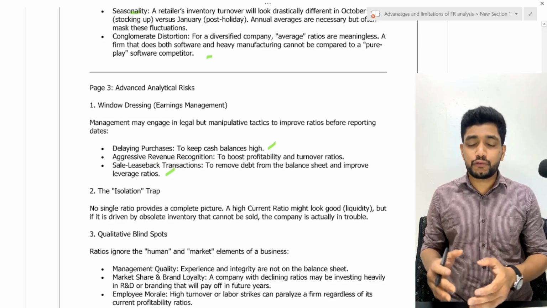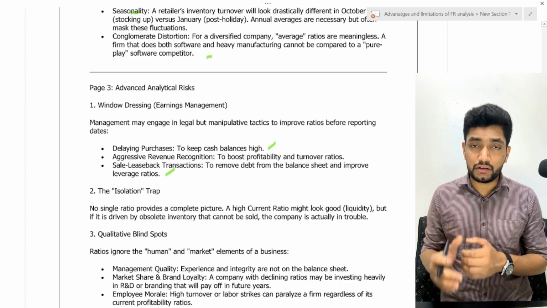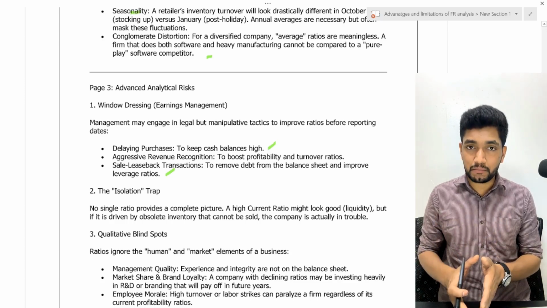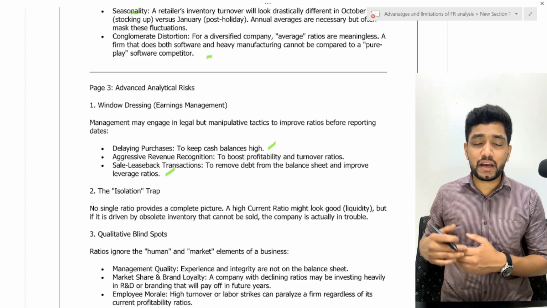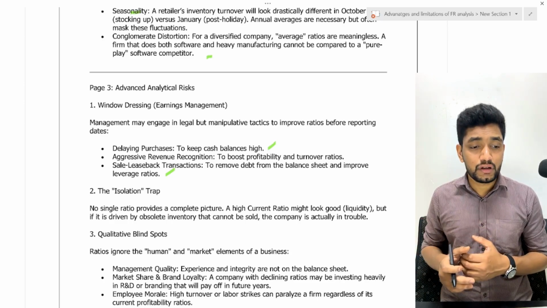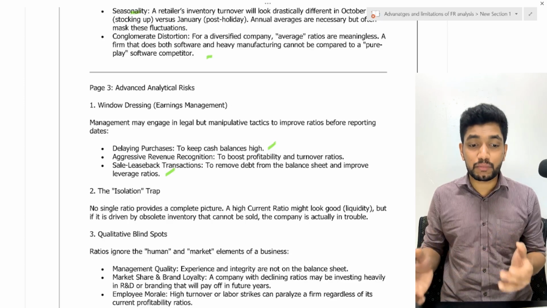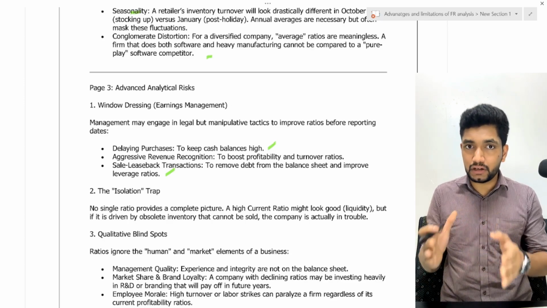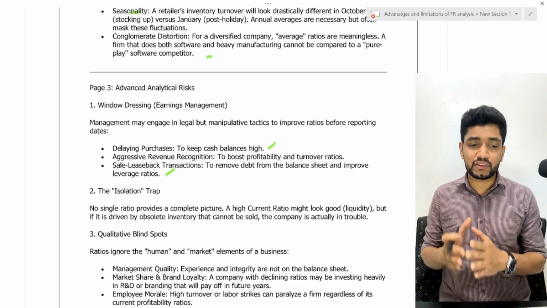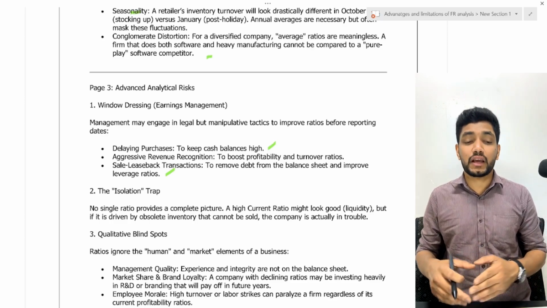Like if a revenue center's performance is measured by revenue, the management may try aggressive revenue generation to boost the profitability and turnover ratios over a period of time, but it may not be 100% accurate if you are considering the whole year's performance.